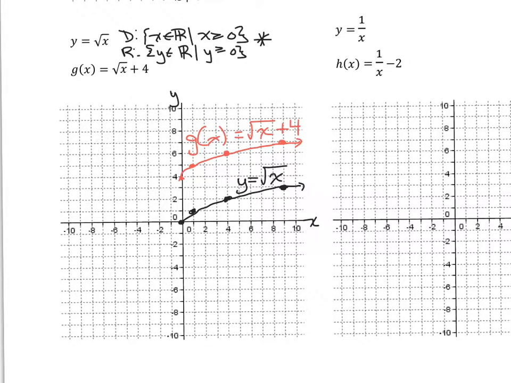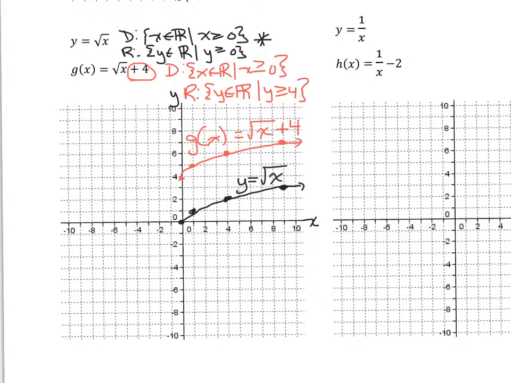So again, note that when all I have is this value, so I'm just adding a number to the function, all it's doing is mapping the function up or down by that factor. So this really is now going to be an exercise in practice for you of how to graph some of these parent functions. Now here I'd like to take note of what happens to the domain and range.